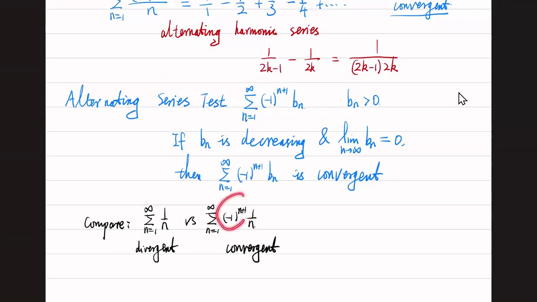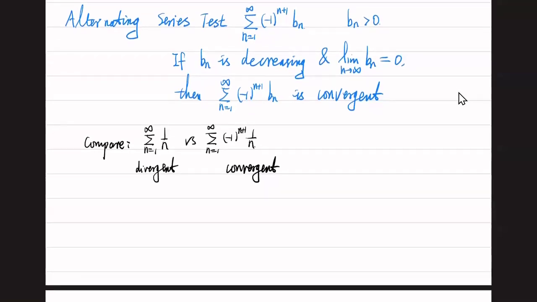The structure over here has an extra sign change, positive, negative, back and forth. This gives us stronger convergence properties. A similar one.